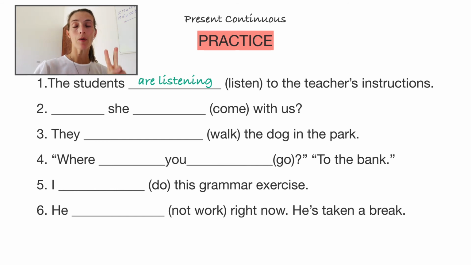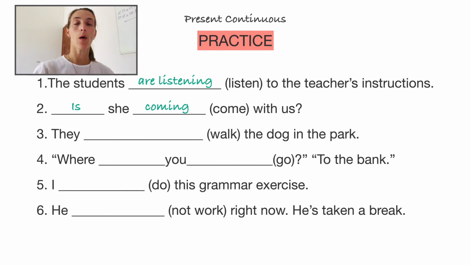Good. Now, number 2, we have a question. ¿Sí? Una pregunta. Y como tenemos she, esa pregunta va a empezar con el verbo to be, que para este caso va a ser is. Is she coming with us? ¿Ella viene con nosotros o está viniendo con nosotros?